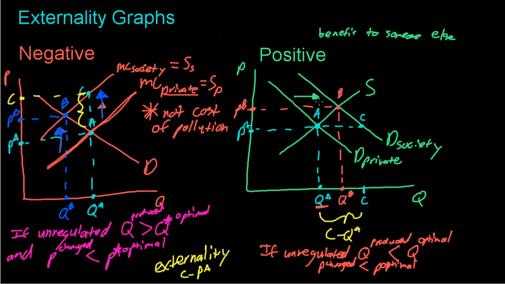So the difference where this was supply, the private supply or the private marginal cost, and then here was the cost to society, we have the analog here with demand of having private demand and then demand for society. So I hope that that's clear. If there's anything that isn't clear, feel free to let me know, and I'll see you in the next video.